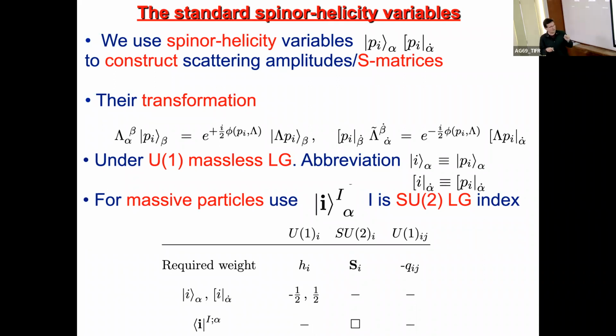So this is a Lorentz quantum number here, the alpha, and this I is the quantum number under the little group. That's what the general spinor-helicity variable is. Under a Lorentz transformation, it's going to pick up the transformation under the little group.